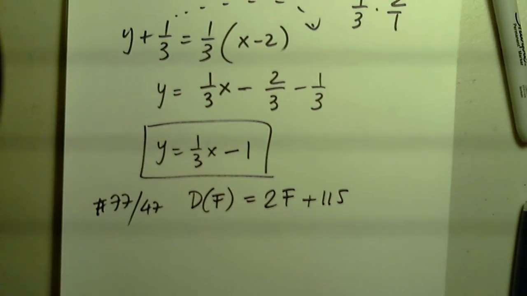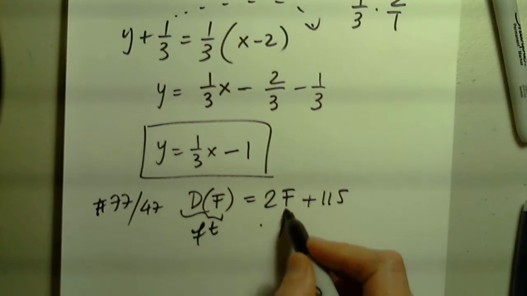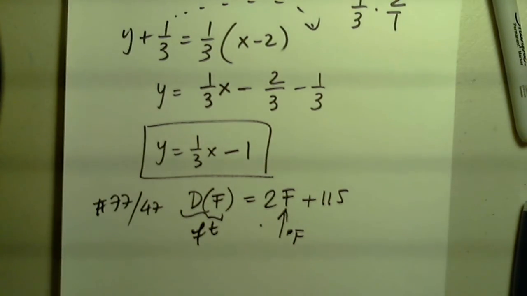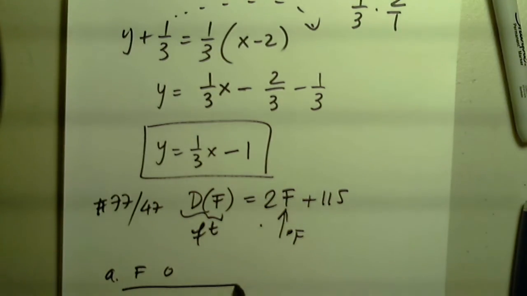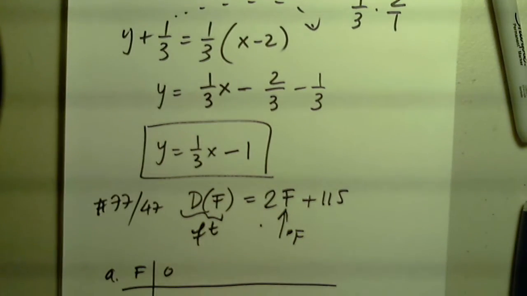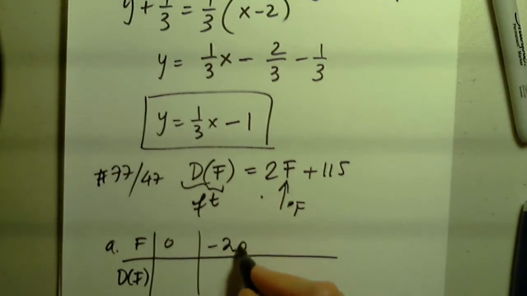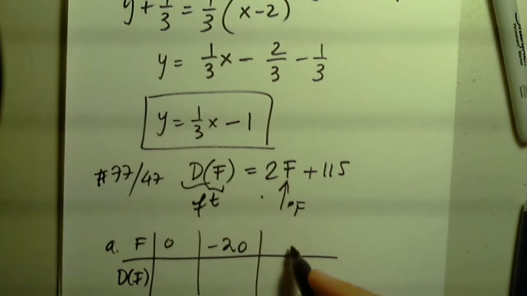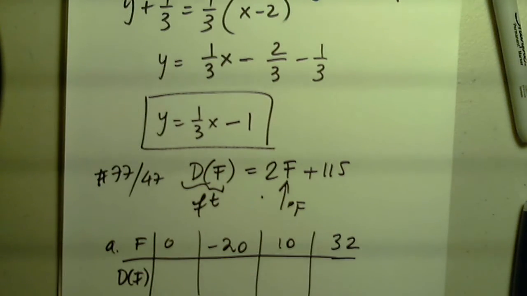It's the stopping distance in feet, when the air temperature F is in degrees Fahrenheit. Find D of 0 in part A: 0, -20, 10, and 32. Interpret the meaning of the slope in the context of this problem.